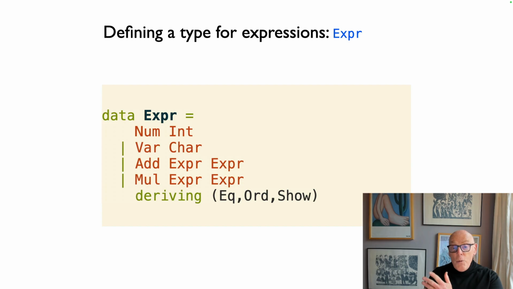And so we've got a recursive data type here. We're explaining expressions in terms of expressions, just as we saw for binary trees. But here we've got these 4 different kinds of things: a number, because we see numbers in expressions, we see variables, we see the addition of 2 expressions and the multiplication of 2 expressions.